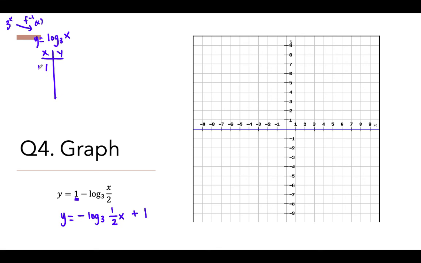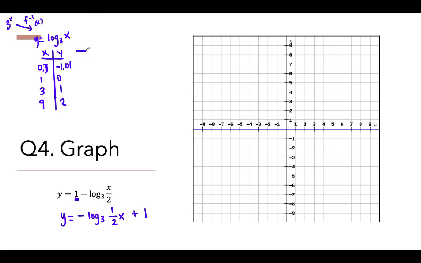So maybe let's include 0.3. And then 1, 3, 9. And then when I plug it in, it's going to be -2. Logarithm 3 is 1, 0, and it gives me -1.01 approximately.